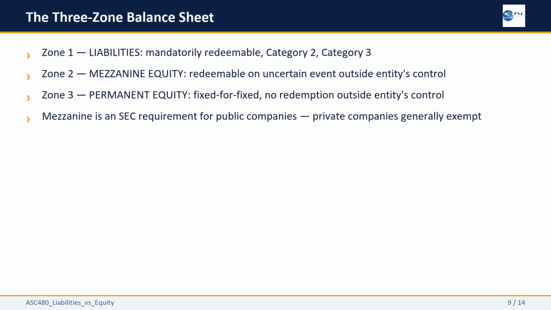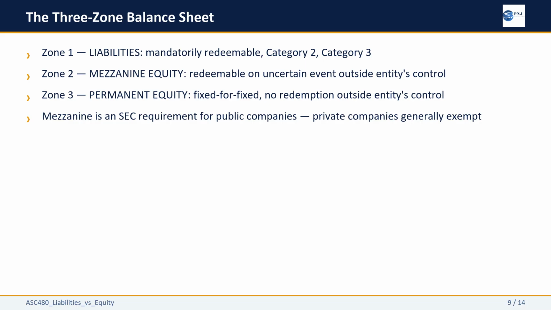The balance sheet has three zones under ASC 480. Zone 1 is the liabilities section, for all instruments meeting the three-category tests. Zone 2 is mezzanine equity, the separate section between liabilities and permanent equity for instruments redeemable upon uncertain events outside the entity's control.